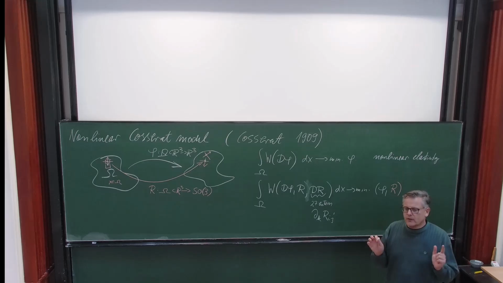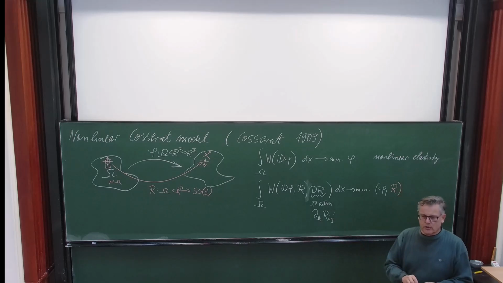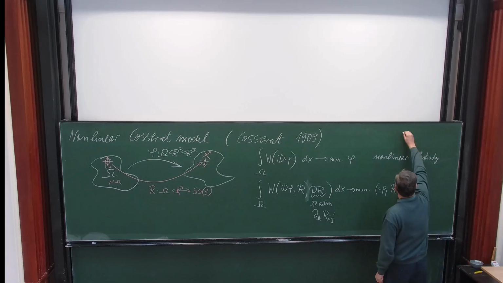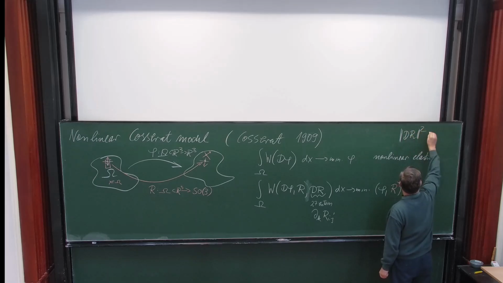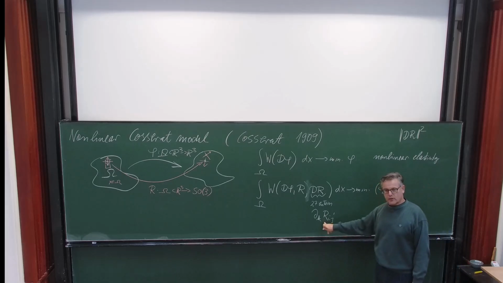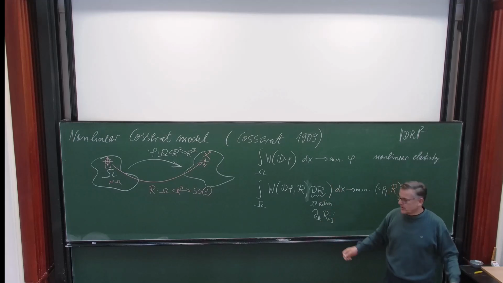For us, it doesn't make sense to say one direction is controlled, the other direction is not controlled. We want to have the full gradient. And for example, I could write down as a measure, dR squared. That means all components, all partial derivatives of all components of R squared and summed. Big object, but a simple object.